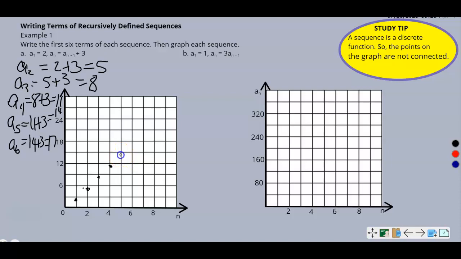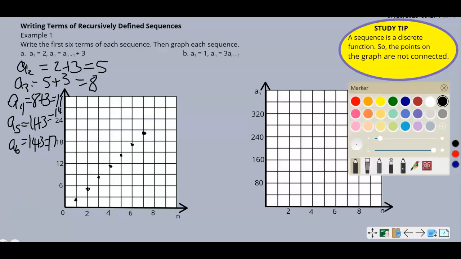So you can see we're adding 3 to each previous term. And then the sixth term is 17. And without plugging it in, we could do our seventh term would be 20 because we just have to add 3.